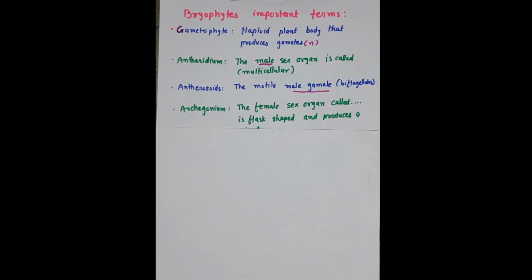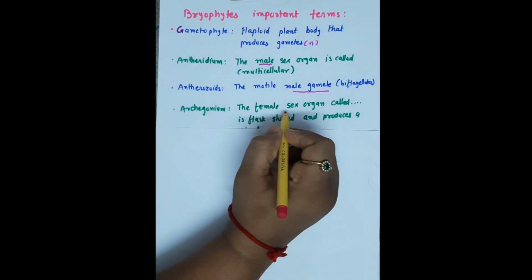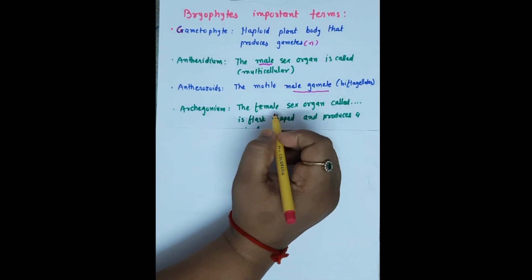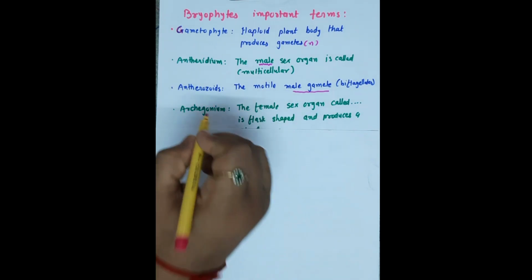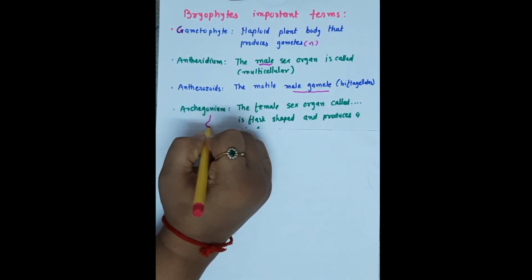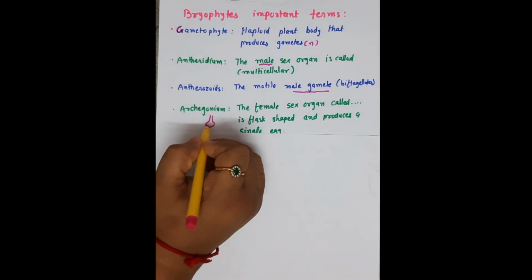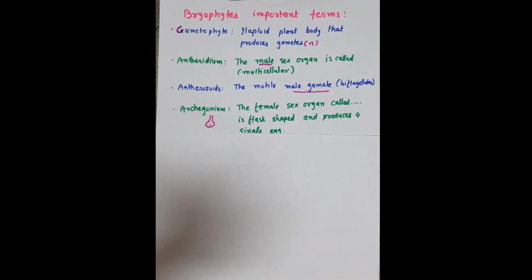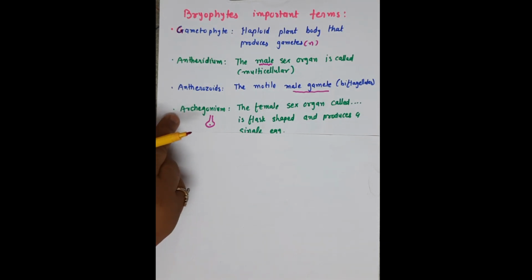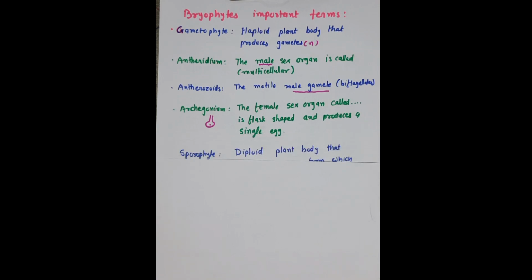Next, archegonium. The female sex organ is called the archegonium. It is always flask shaped and always produces a single egg. This is most important: the female sex organ is the archegonium, it is flask shaped and it produces a single egg.